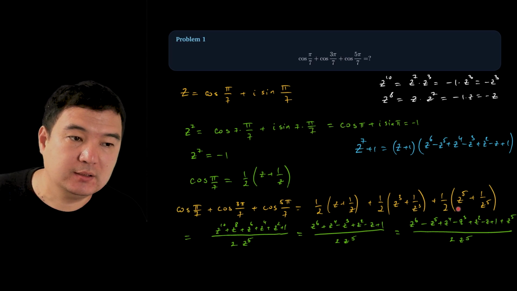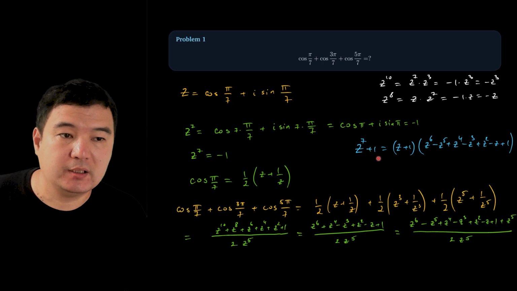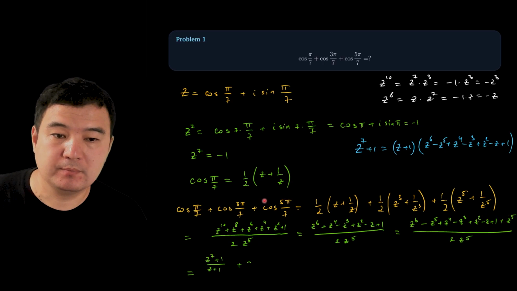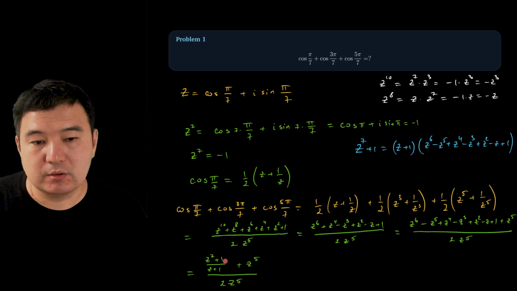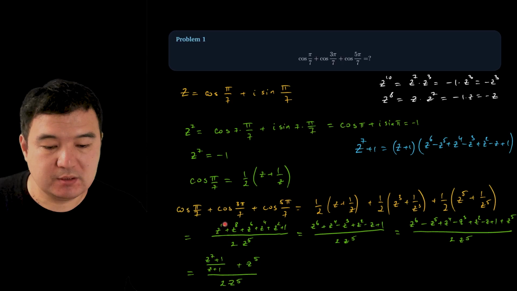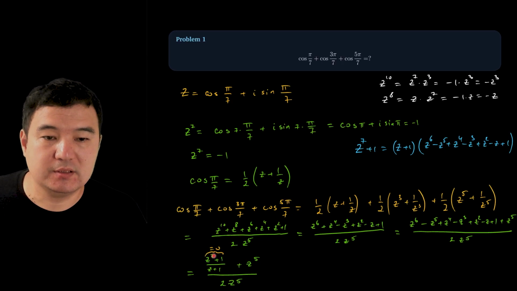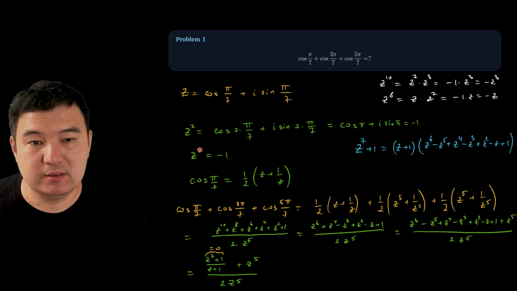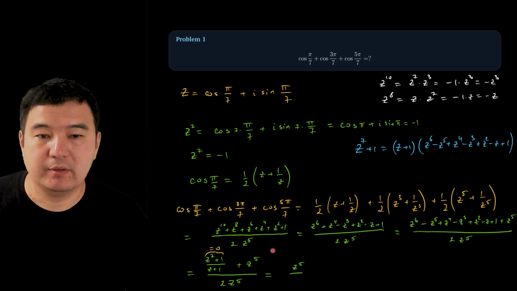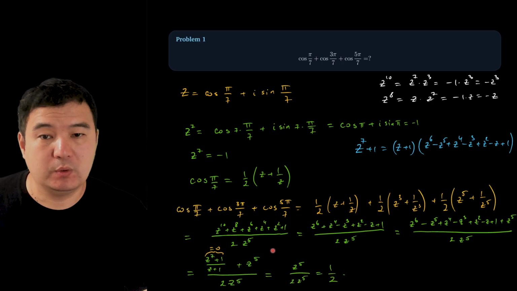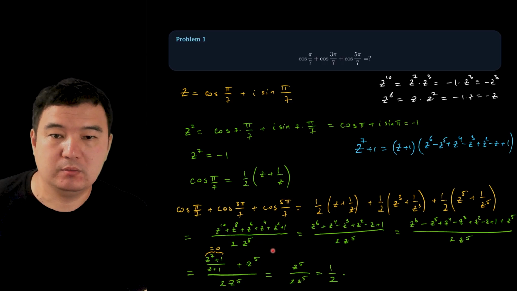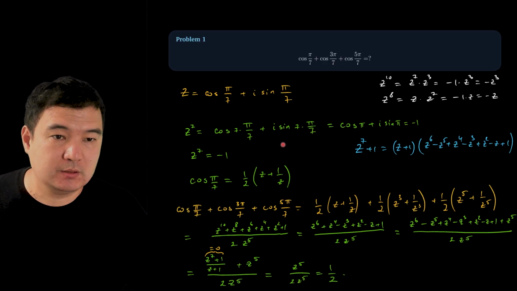So basically this part, except the last z^5, you can rewrite as z^7 plus 1 over z plus 1, plus z^5. z^7 plus 1 is 0 because z^7 is minus 1. So this term is 0. We are left with z^5 over 2z^5, which is just 1 over 2. So this entire expression is equal to 1 over 2.